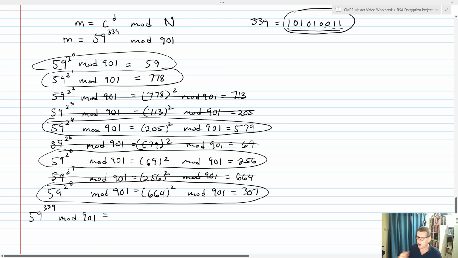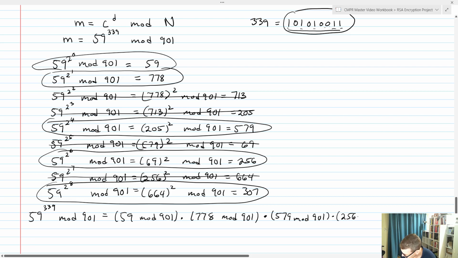Okay? So 59 to the 339 mod 901 is then going to equal the multiplication of just the ones that I needed. All the other ones are zeros. So I'm going to get 59 mod 901 times 778 mod 901 times 579 mod 901 times 256 mod 901 times 307 mod 901.